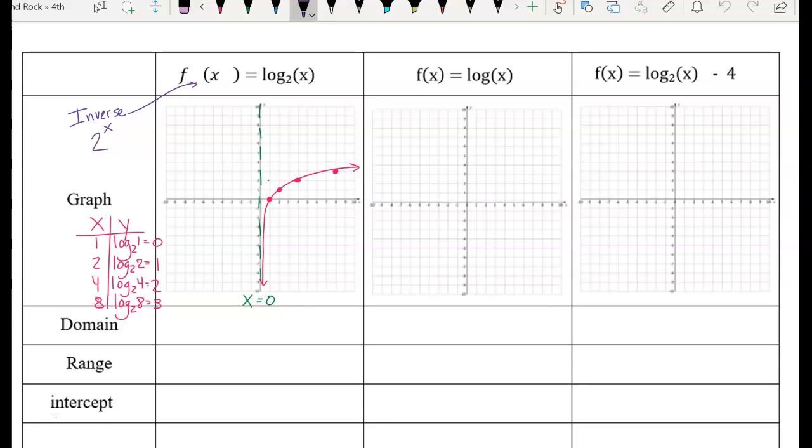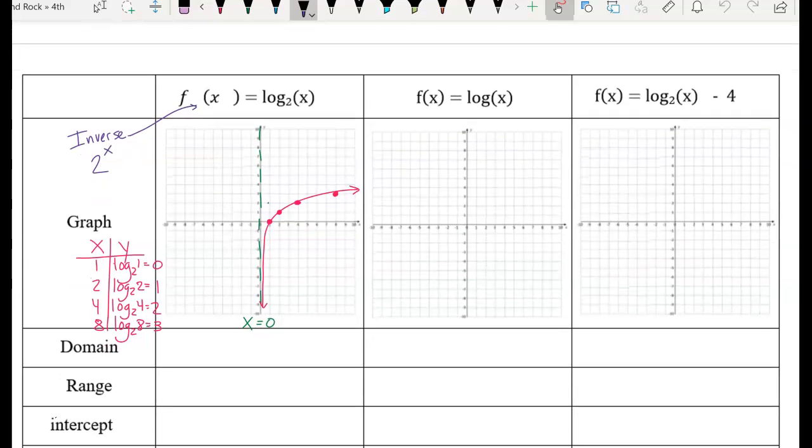It has the same asymptote, but every single one of these points is now moved down 4. So from here, I'm moving this point down 4, and I plot the point 1, -4. I take this next point, 2, 1, and I move it down 4. I take this point, 4, 2, and move it down 4. And that's probably good enough. And boom, I've graphed it.